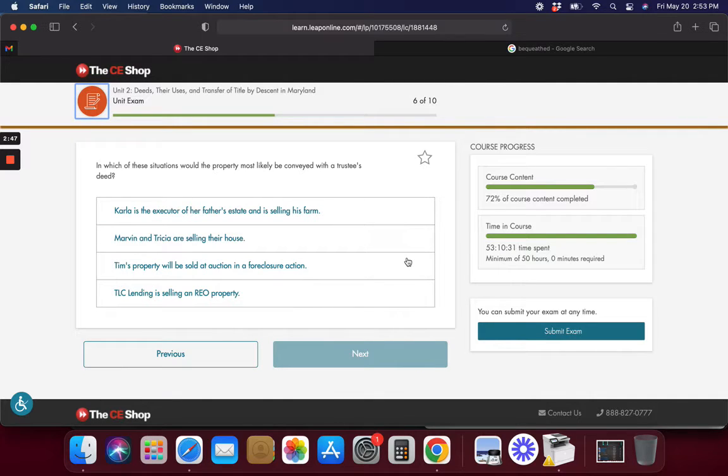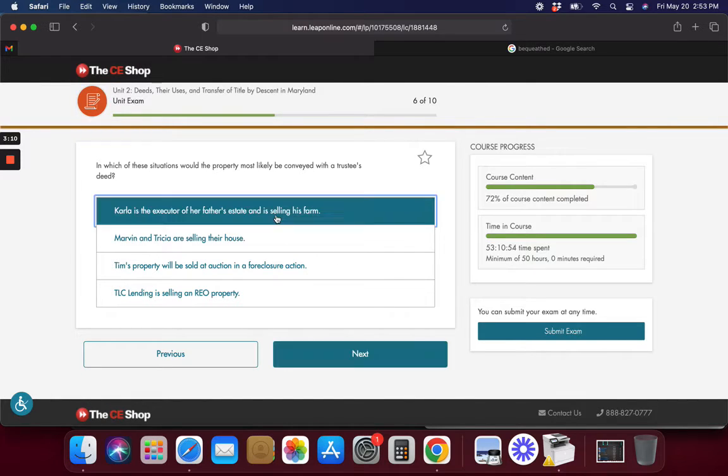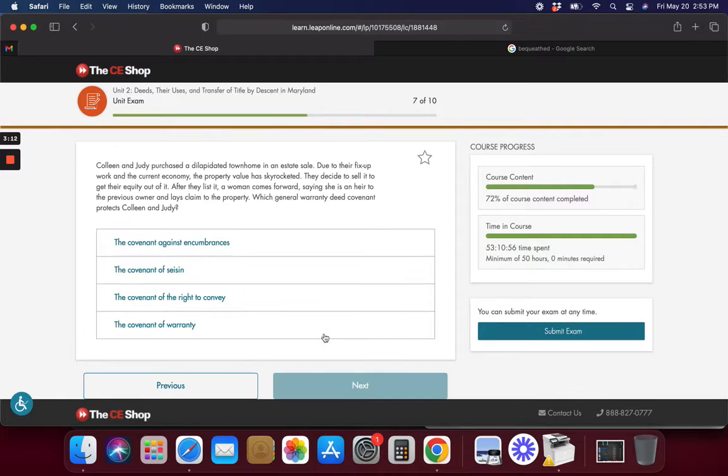All right, in which of these situations would the property most likely be conveyed with a trustee's deed? Boy, this is a tough one.